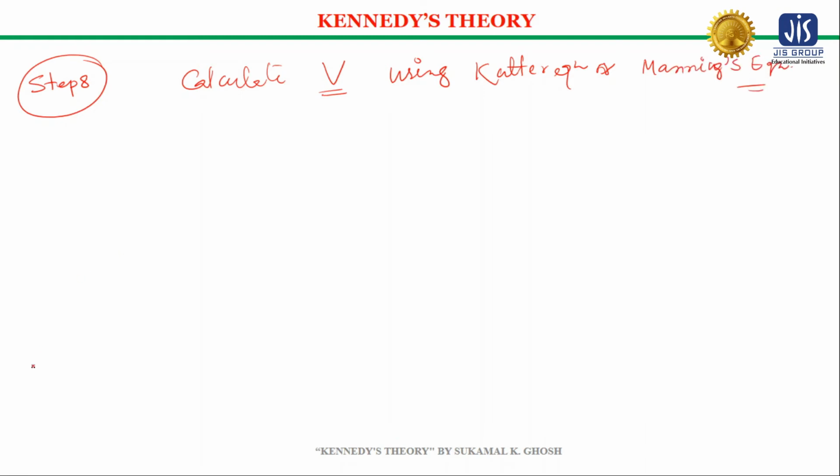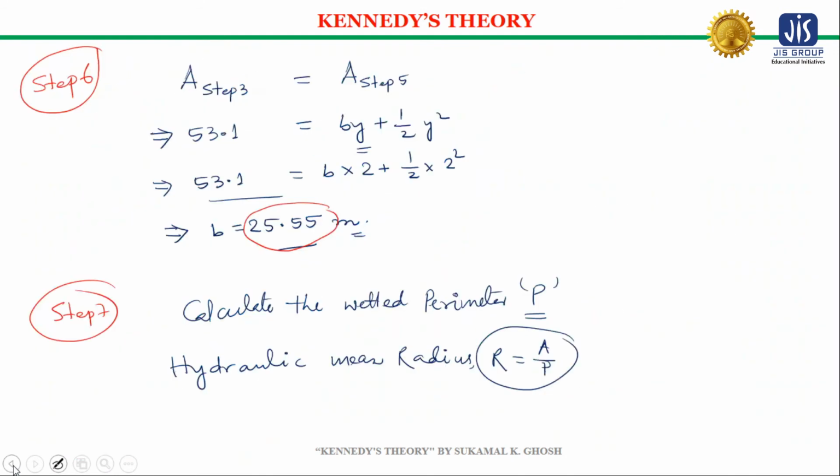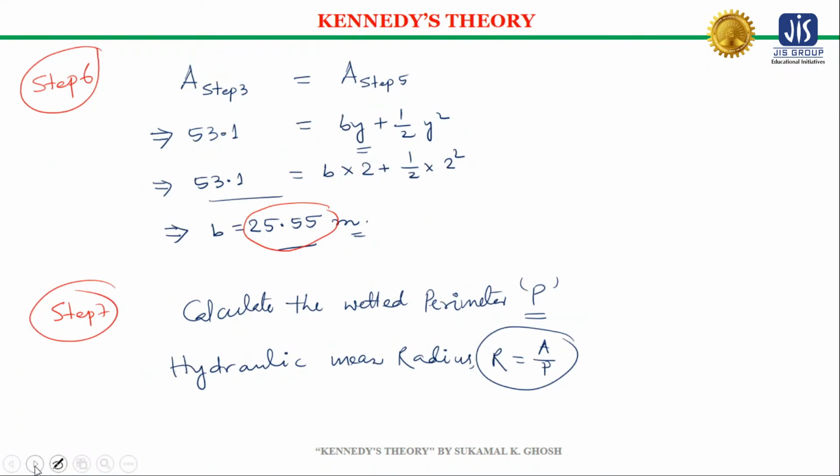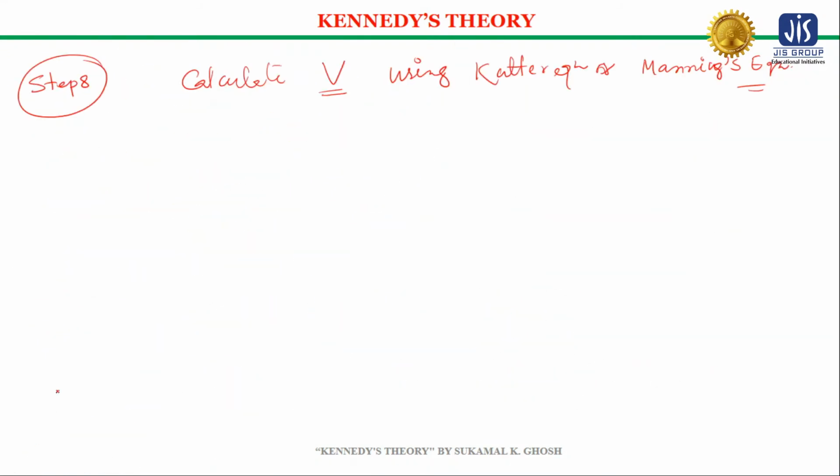Now if you consider this particular problem, the value of Kutter's rugosity coefficient is given, that is 0.023. Since Kutter's rugosity coefficient is given, we need to use the Kutter's equation to calculate the actual mean velocity V.